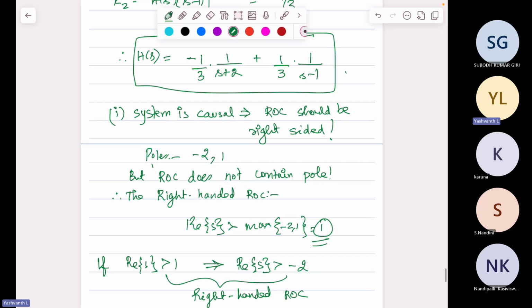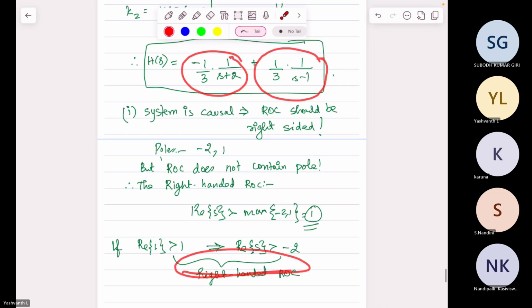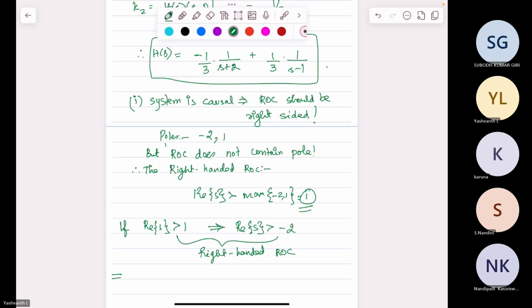Therefore, now it's simple. All you need to do is invert this Laplace transform for right-handed ROC. If you do that, what you will get is h of t. This is not x of t because impulse response h of t equals -1/3 e^(-2t) u(t) + 1/3 e^(-t) u(t).